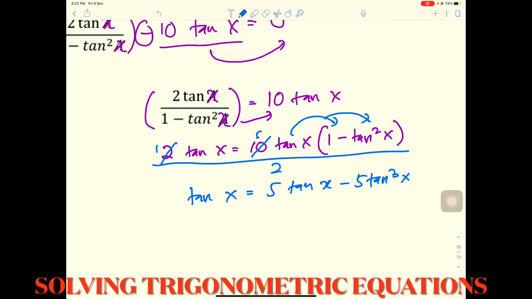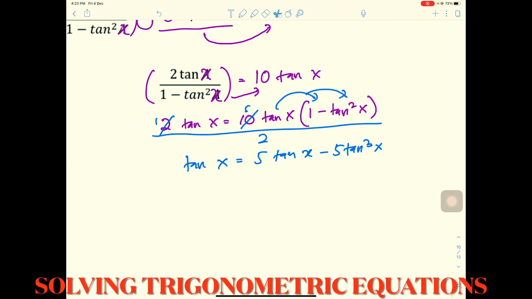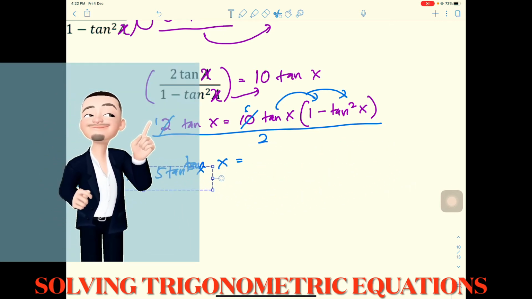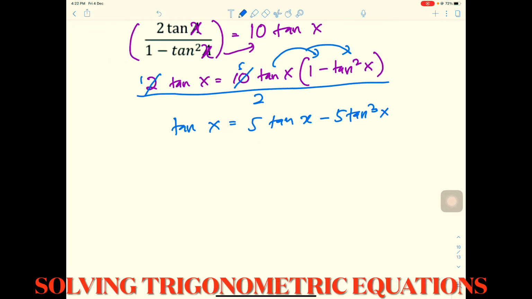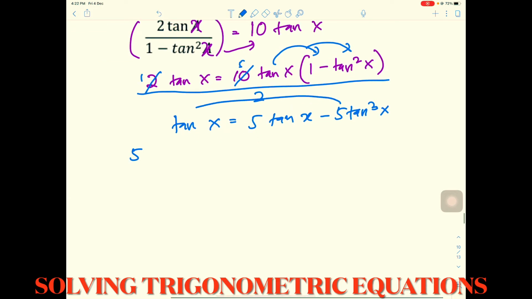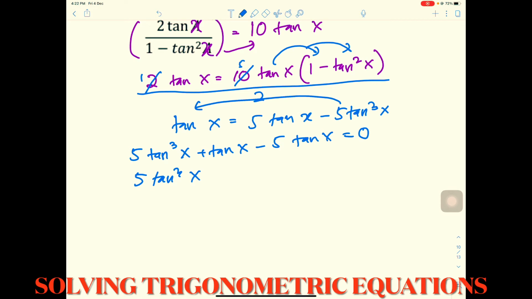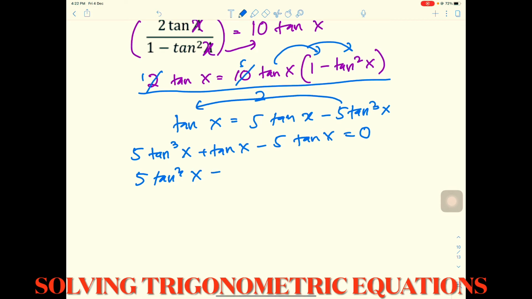Then bring both sides to the left hand side so it is easier for you to simplify. So now it becomes tan cubed x plus tan x minus 2 tan x equals 0. Simplify: tan cubed x minus tan x equals 0.